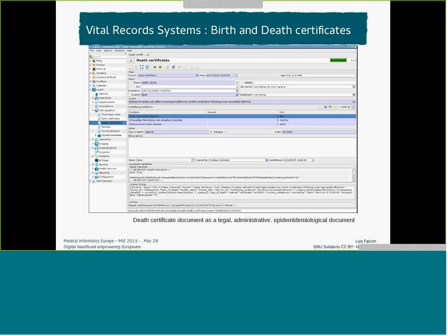acute myocardial infarction. It is a medical document, but it can also be used as an epidemiological tool.